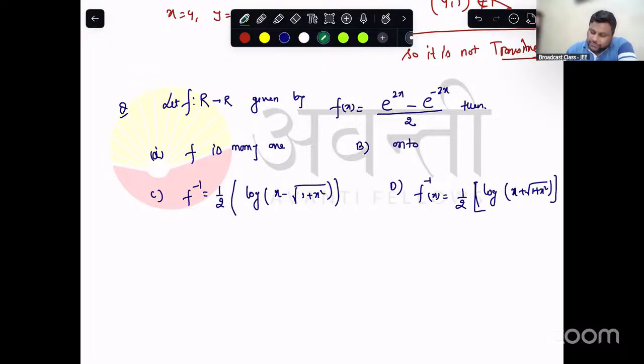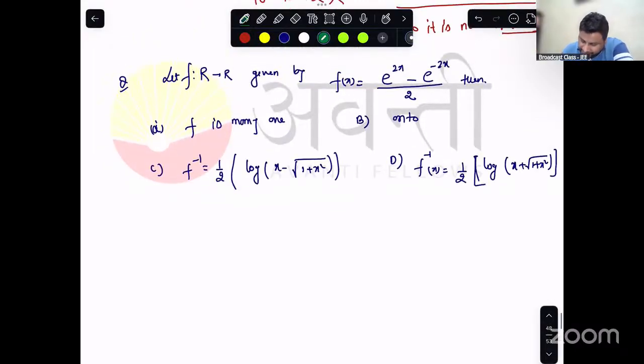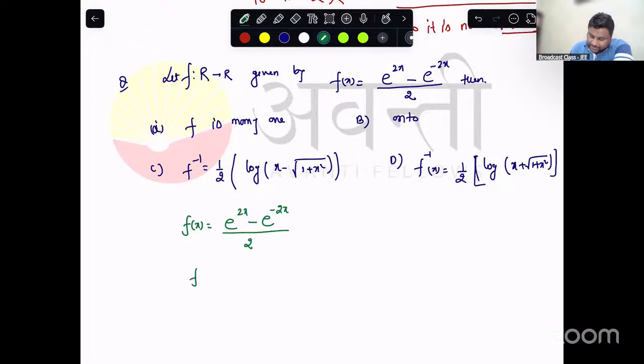See, let me do this for you. What is the f(x) you are having? (e to the power 2x minus e to the power minus 2x) upon 2. So in that case, f dash x will be (2 e to the power 2x minus e to the power minus 2x into minus 2) whole divided by 2.